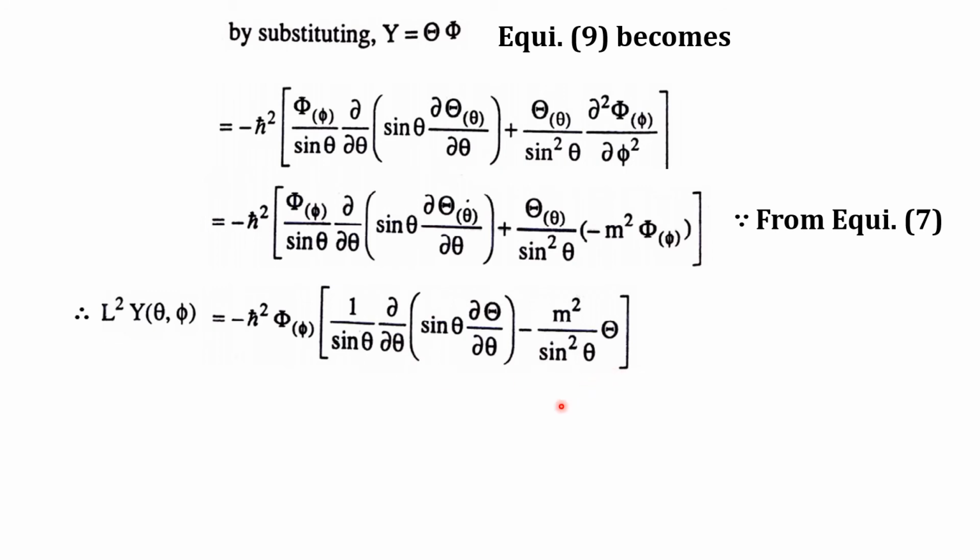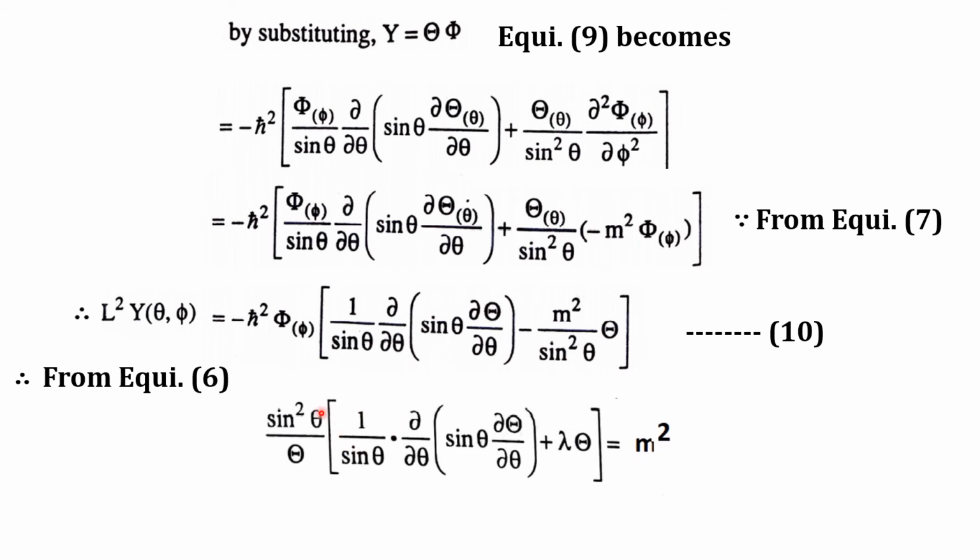One equation we mentioned earlier: if the two independent terms theta and phi equal some constant m square, hence we choose that equation here. From equation 6, sine square theta by theta into bracket 1 upon sine theta into d by d theta of sine theta into d theta by d theta plus lambda theta, that is equal to m square. Hence the bracketed term we find its value by using this equation.